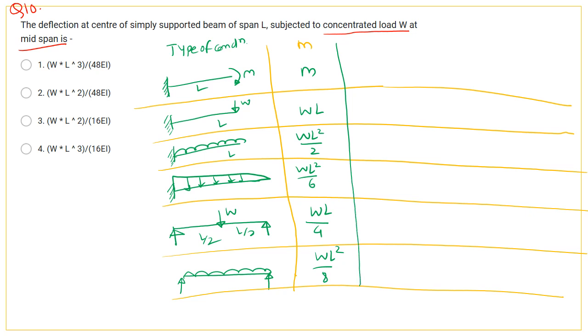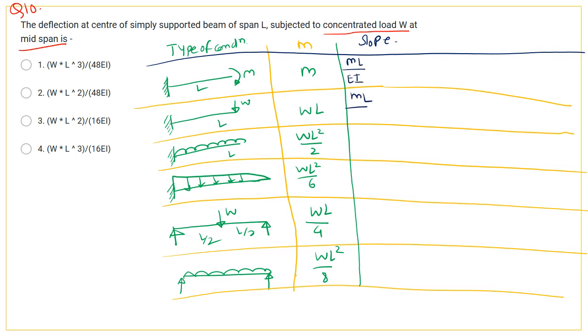Then next is slope. So first of all, the slope formula, to find out the slope value, there are simple calculations. By these simple calculations, you remember all the values of the different conditions. So first is ML by EI. Second is ML by 2 EI.